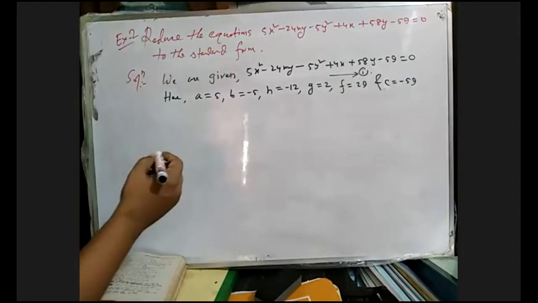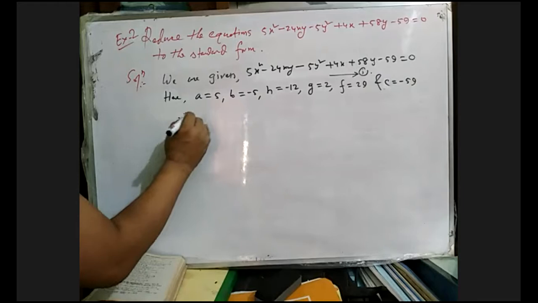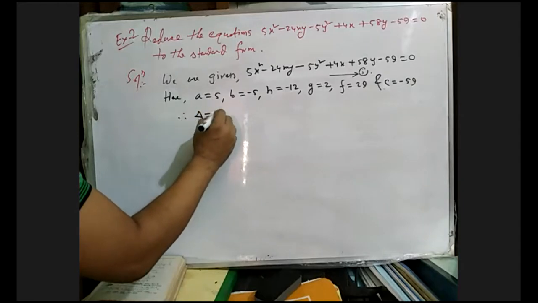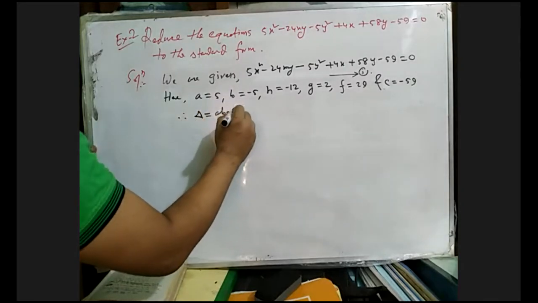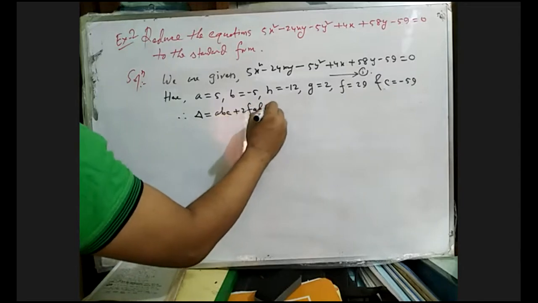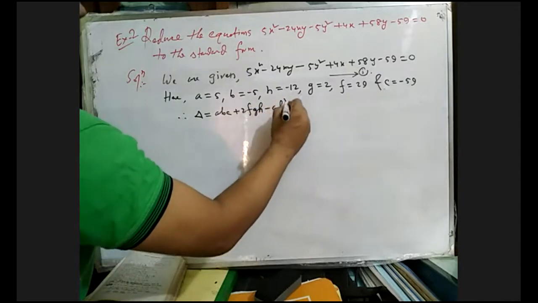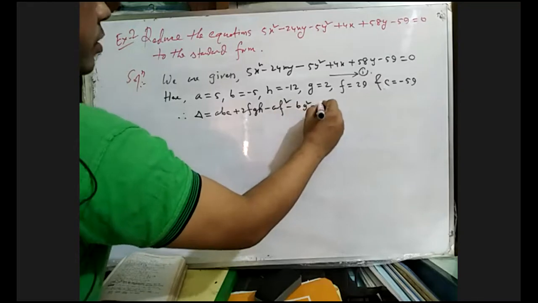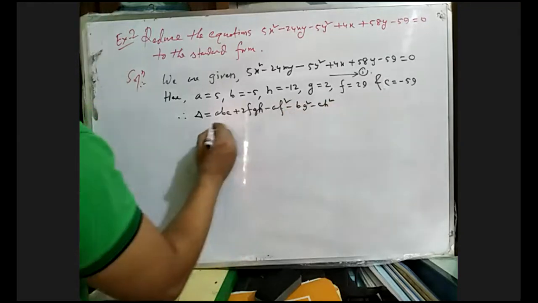Therefore, the determinant delta will be ABC plus 2FGH minus AF square minus BG square minus CH square.